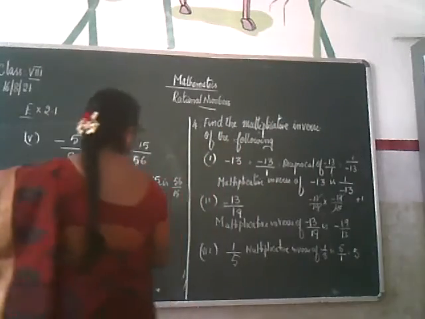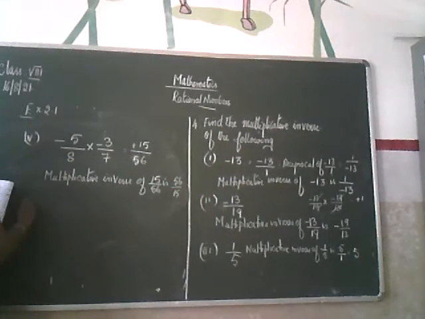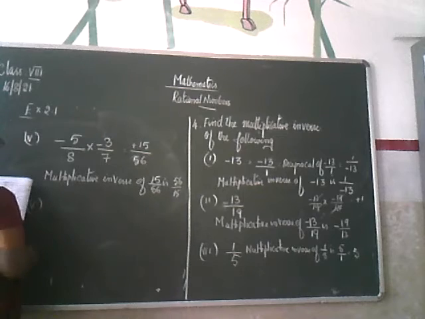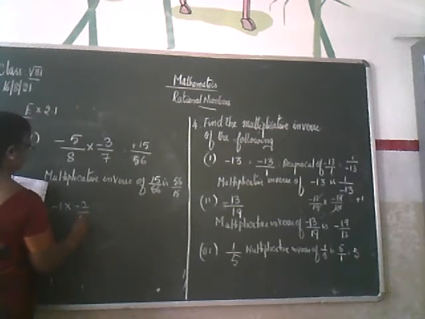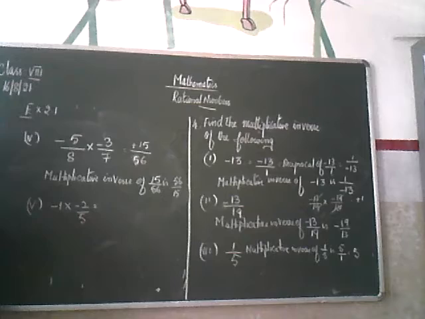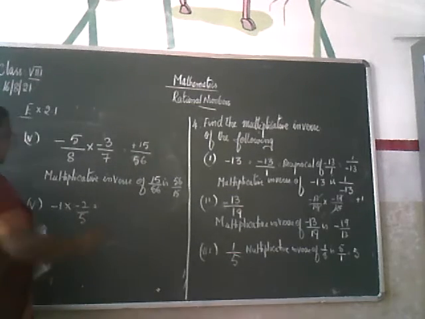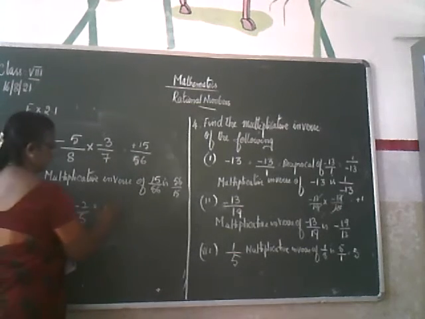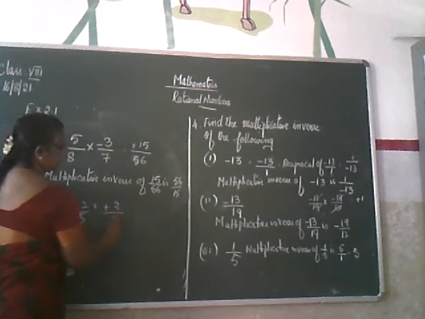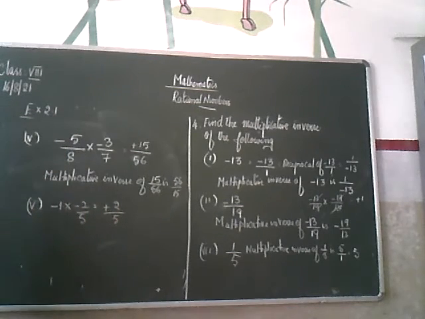Next one. Minus 1 into minus 2 by 5. First multiply. Minus into minus is plus. 1 2s are 2. 2 by 5. What is the multiplicative inverse?